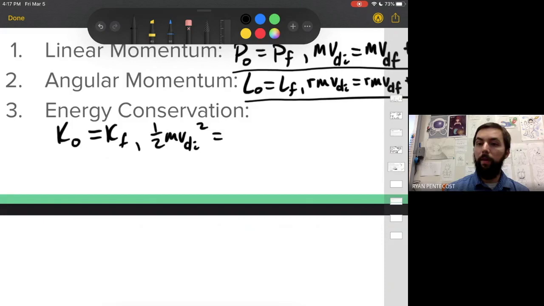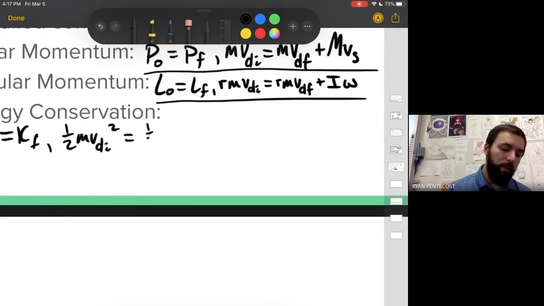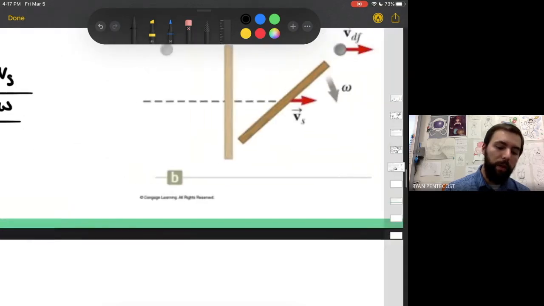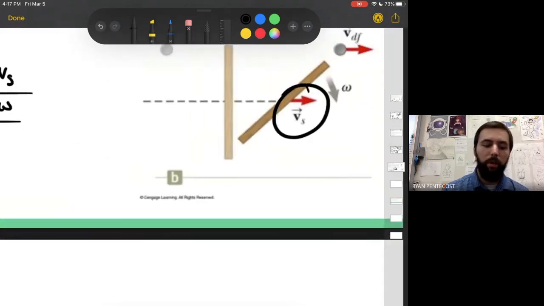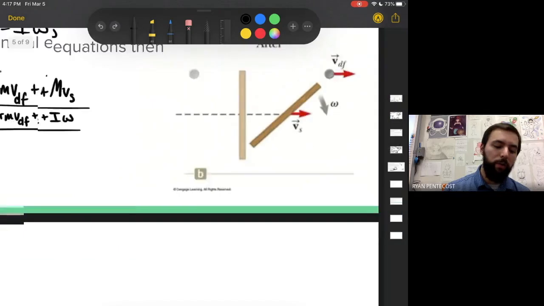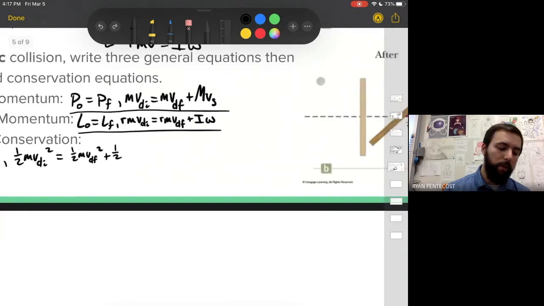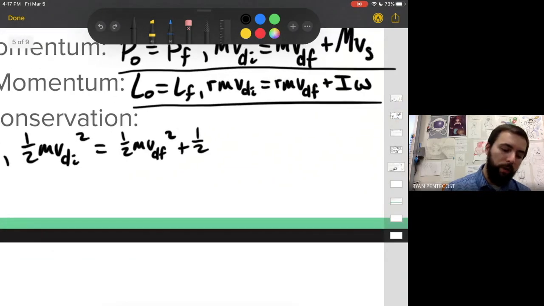But now that's going to get split up into all different ways. The disk still has its own kinetic energy. And the stick also is moving. It also has its own velocity. So it has translational and rotational kinetic energy. So we will show that by saying that it has 1/2 capital M velocity of the stick squared plus 1/2 I omega squared.